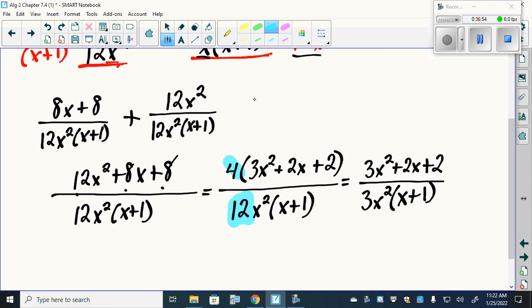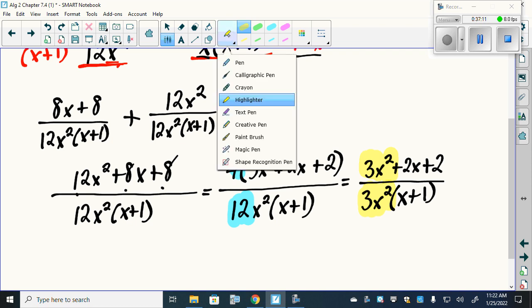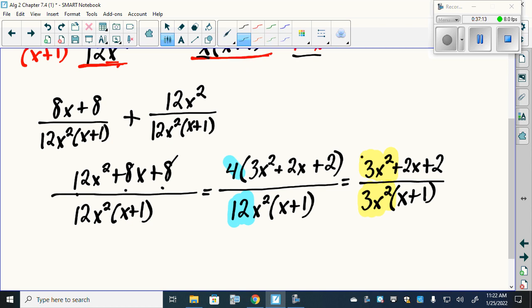Well, we have a 3x squared and 3x squared here, yes? Can I simplify those two out? No. Because this 3x squared is plus the 2x plus 2.